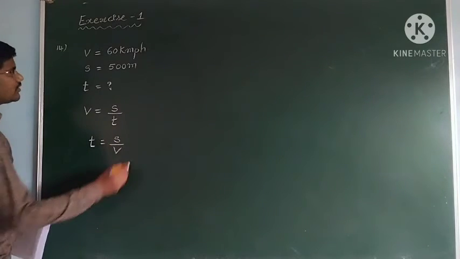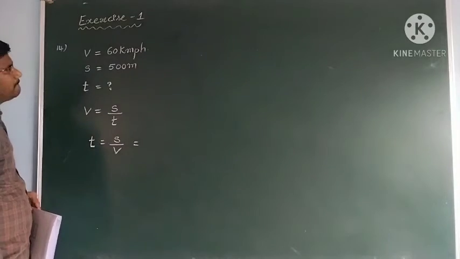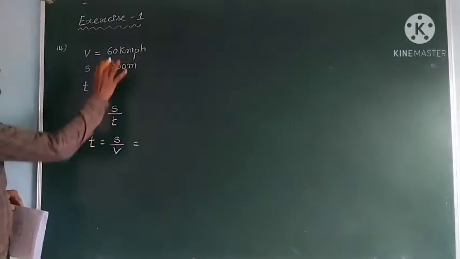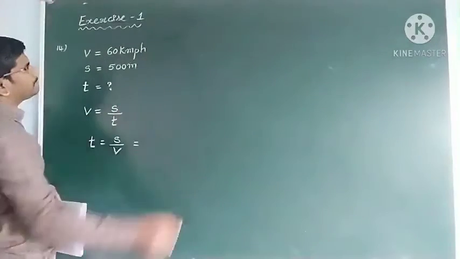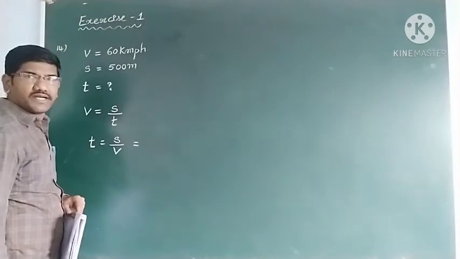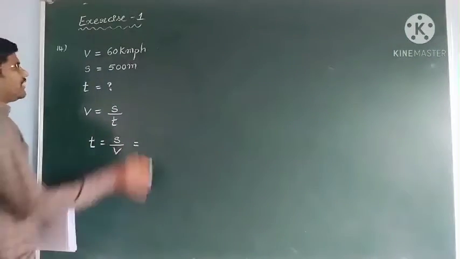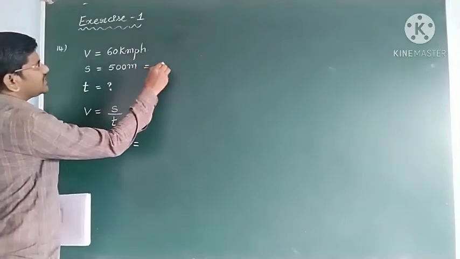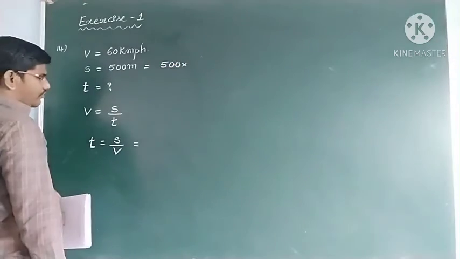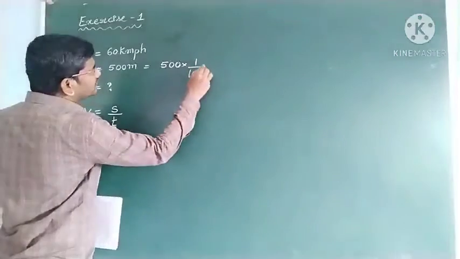S is in meters, so distance is in meters, and speed is in kilometer per hour. I want to convert this 500 meters. 500 into 1 meter is 1/1000 of the kilometer.